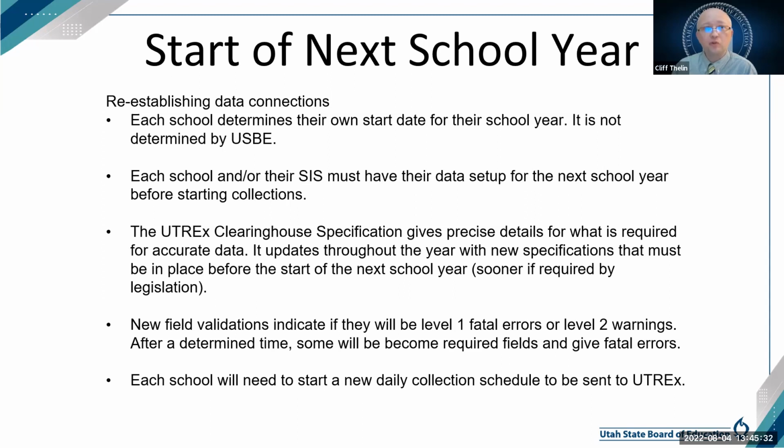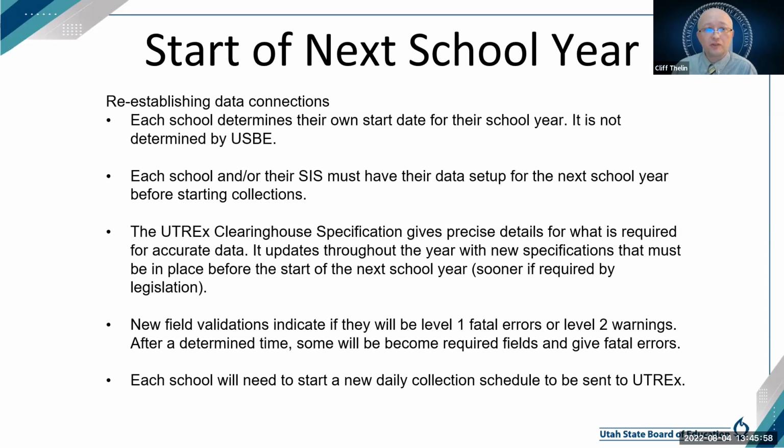All right, so getting started into the next school year, the next time frame that we're walking into, reestablishing data connections. Each school determines their own start date for their school year. It is not determined by USBE. Each school and or their SIS must have their data set up for the next school year before starting the collections.